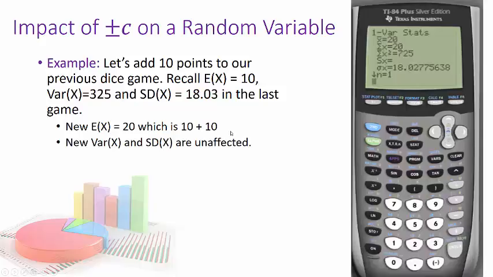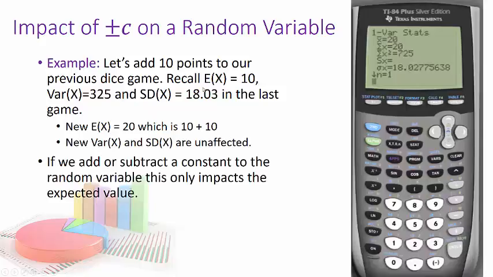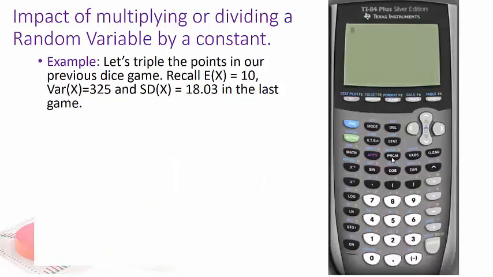My new variance and standard deviation are actually unaffected. So if we add or subtract a constant to the random variable, this only impacts the expected value. So E of X plus or minus c is E of X plus or minus c. For variance, it's just going to be the same old variance.